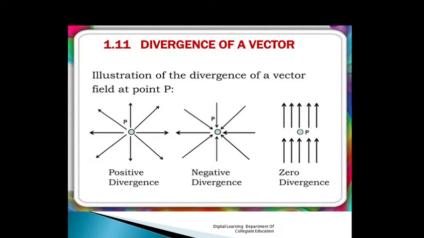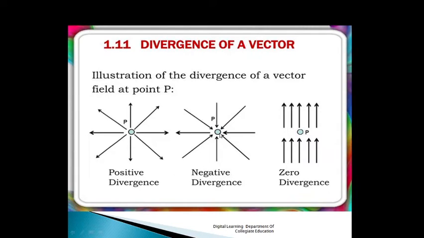From this slide, before going into detail, an illustration regarding divergence of a vector field at point P. If at a point P a vector field expands from the source, then the divergence of the vector field is positive.